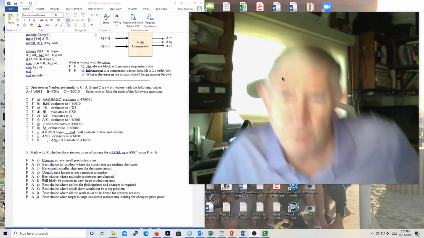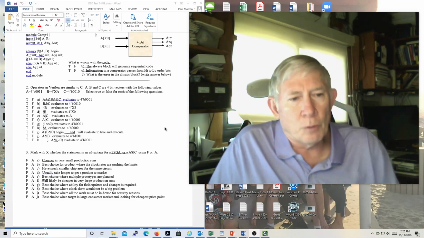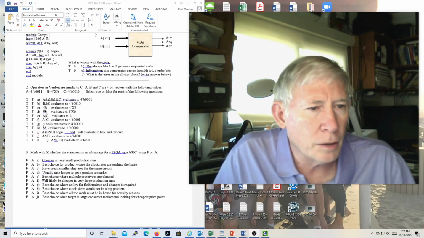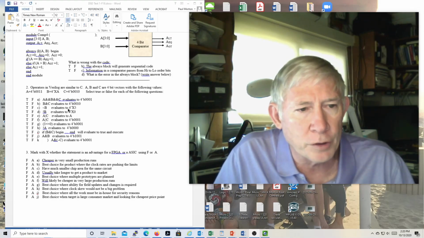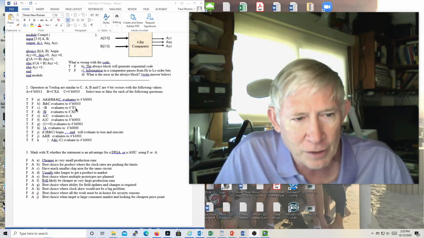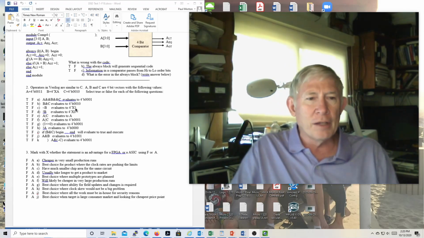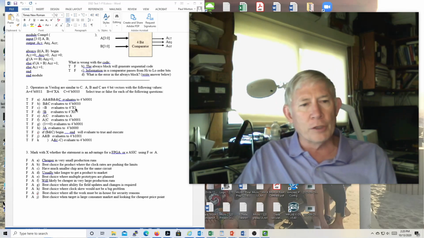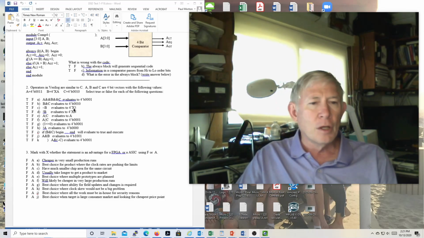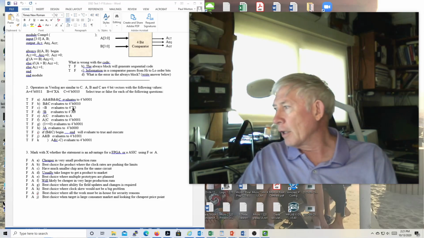This one's a little bit tricky, but what you should see there is that if you do a bitwise inversion of B, it should evaluate to 4'h5, not X5. The X means unknown. So that's really goofy. What that's basically saying is an unknown bit, plus there's no radix specified.